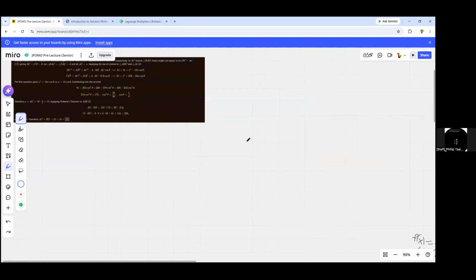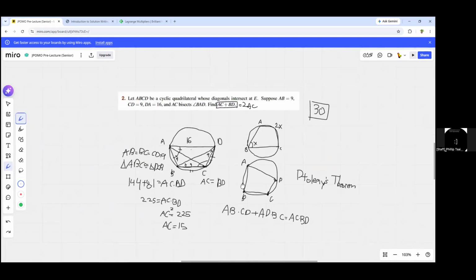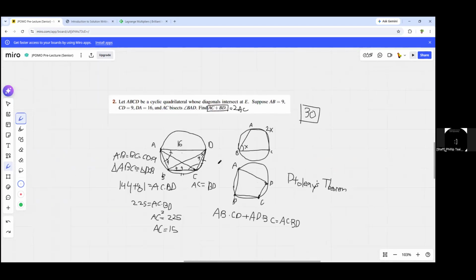So here is a more synthetic way, in other words, using the normal geometric approach with as little algebra as possible, for our problem. Does anybody have any questions?